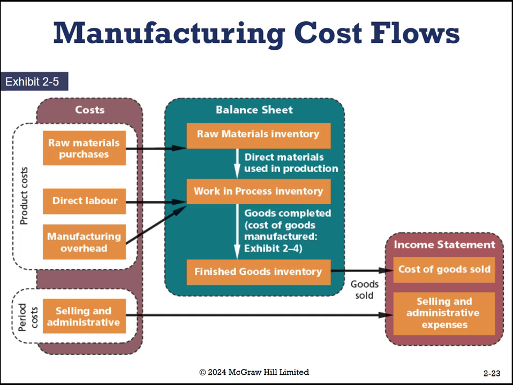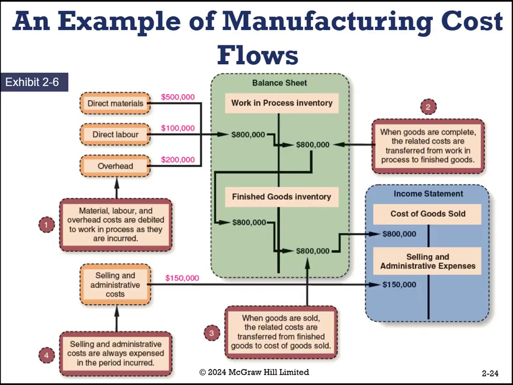Okay. All right. So overall, it's a closed system, meaning all the costs have got to go somewhere. So if we take the previous illustration and add some numbers, say we have direct materials of $500,000, direct labor of $100,000, and manufacturing overhead of $200,000.